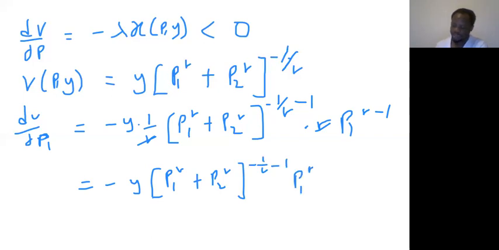And because it's negative, it's true, it's less than 0, right? So that means, yes, the indirect utility function that we solved for in our tutorial session 2 holds for this expression.